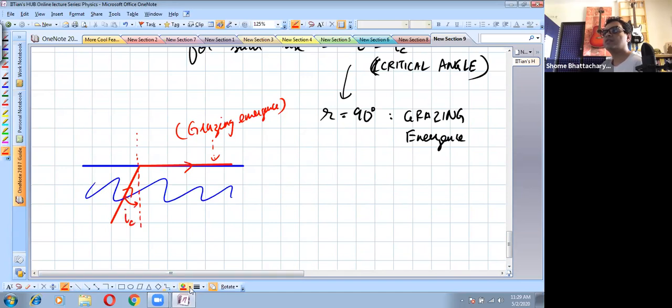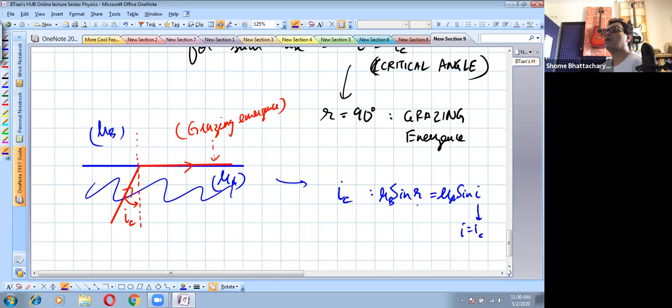If this medium has refractive index mu a, and the medium outside has refractive index mu b, then obviously the critical angle is such that mu b sin r is equal to mu a sin i. Now when i is equal to i_c, r becomes 90 degrees.